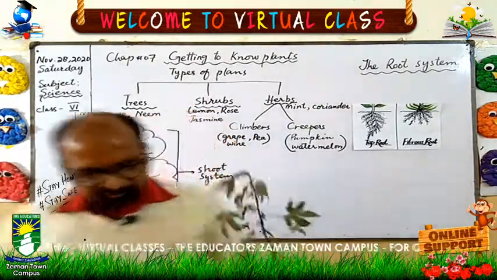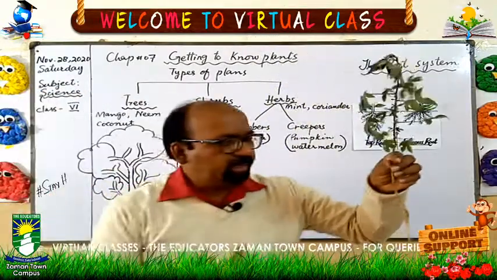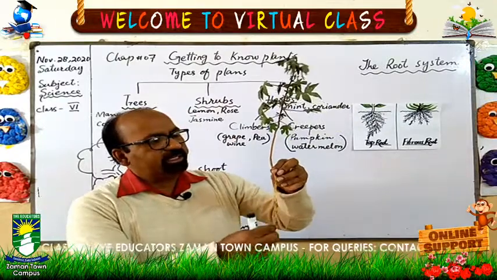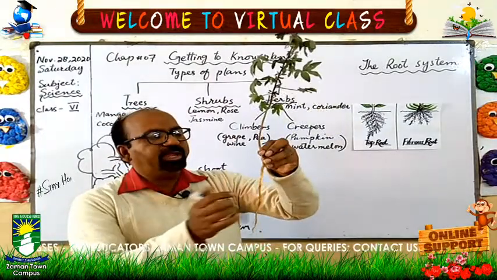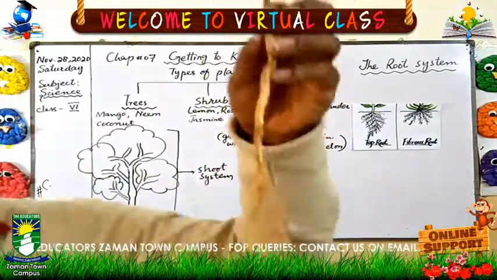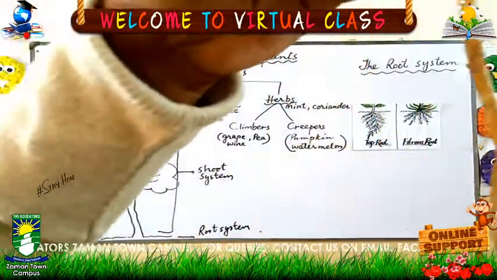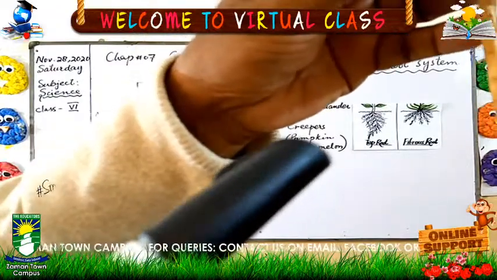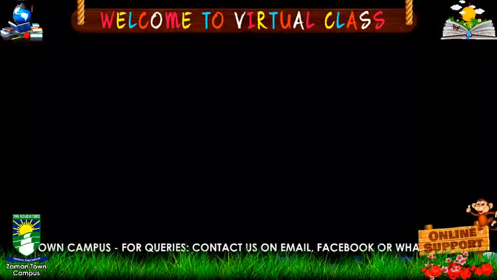It will explain it properly. This is the part which is present in the ground, and this is the main root. Also see, these are the branched roots.